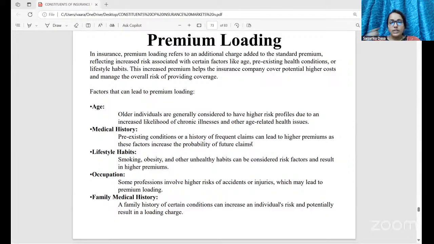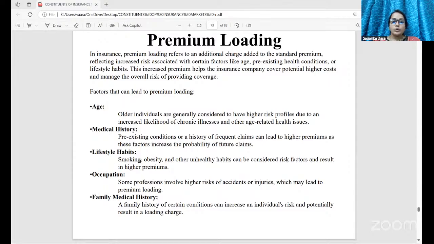If any person has a pre-existing health issue, health concern, or disease, or if he frequently makes health claims, then he probably has to pay a high rate of premium. So because of the medical history also, the premium will be loaded.